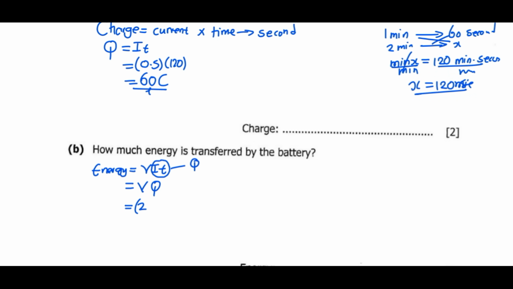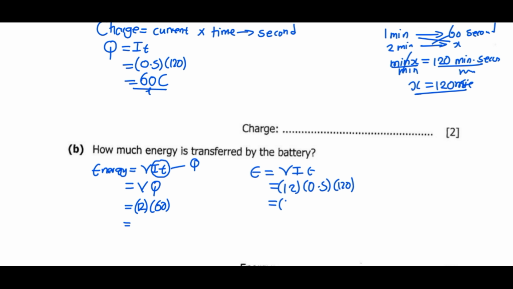So we have 12 volts, then for charge is 60. Let's say if we didn't calculate charge, then we would have used the same, because we know that voltage is equal to IT, so voltage is 12, current is 0.5, time is 120.